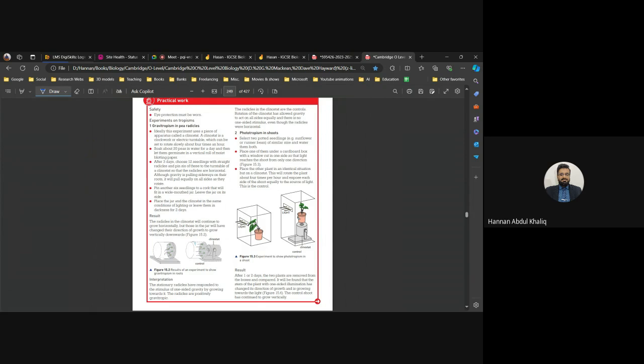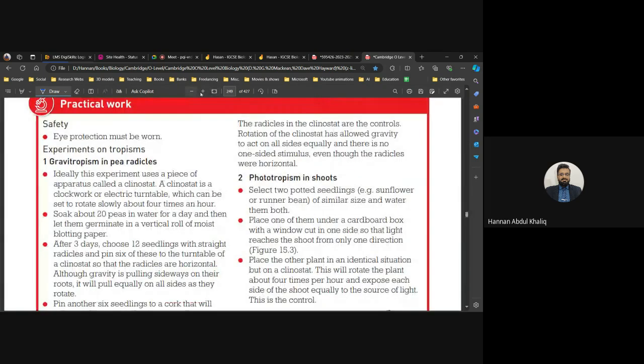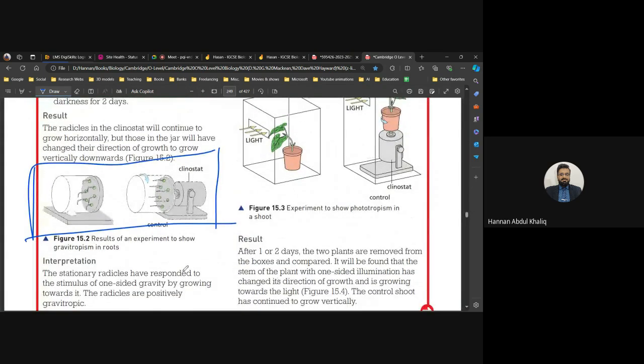If you see on the left side column here, one thing to consider is that we are using an apparatus called a clinostat. A clinostat is a drum that is movable and rotatable. You can rotate it as well as you can move it.